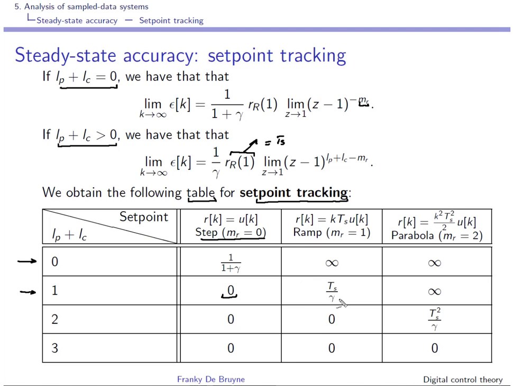Okay, so this is why you have TS over gamma over here. So with one integrator in the loop, you cannot follow a ramp set point with a 0 steady state error. If you want to be able to follow a ramp signal, then you have to have at least 2 integrators in the loop.